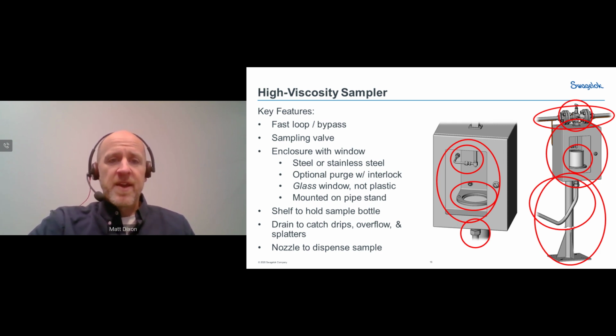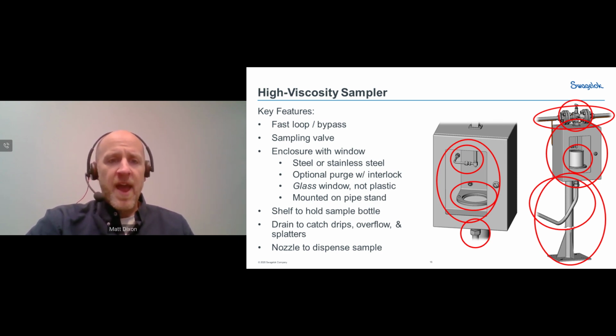Very often, you're going to have that enclosure mounted onto a pipe stand. That pipe stand is very common, of course, for grab sampling systems. Some sort of a shelf to hold the sample container. So in this case, our sampler is shown with again the metal paint can.